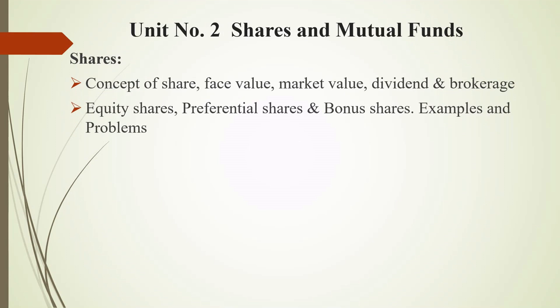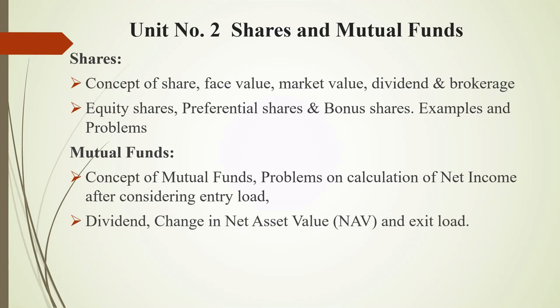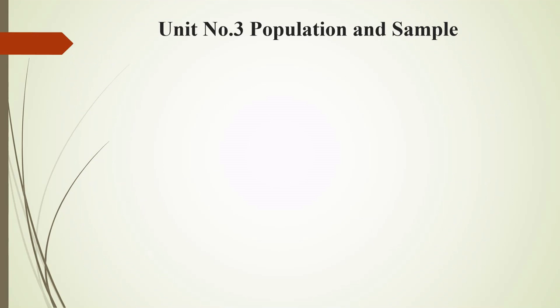Second, equity shares, preferential shares, bonus shares, examples and problems. Then mutual funds: the concept of mutual funds, problems on calculation of net income after considering entry load, dividend, change in net asset value and exit loads. Average of price under the systematic investment plan, that is SIP, and we have solved some problems in chapter number 2.